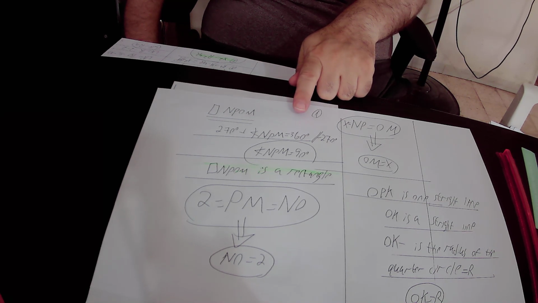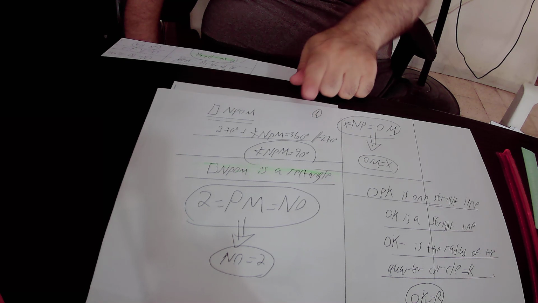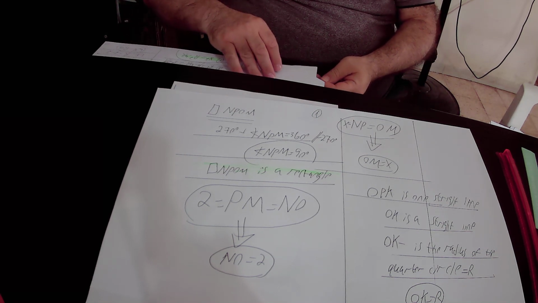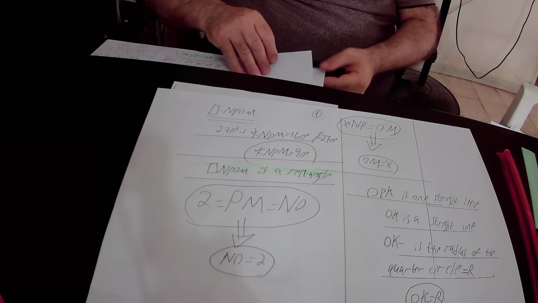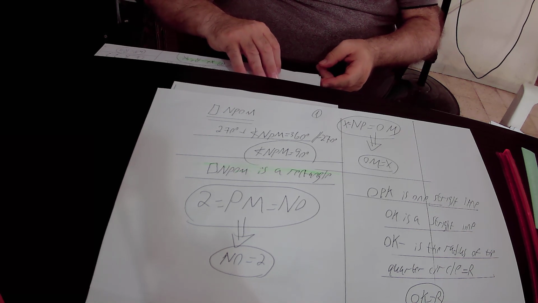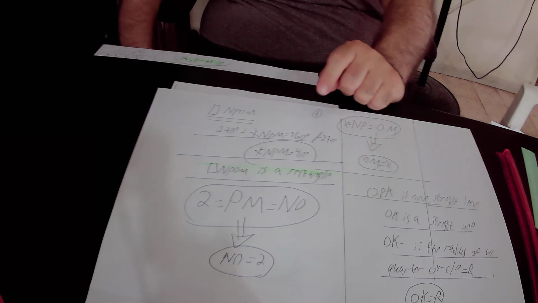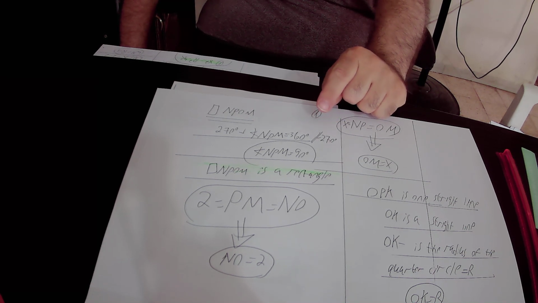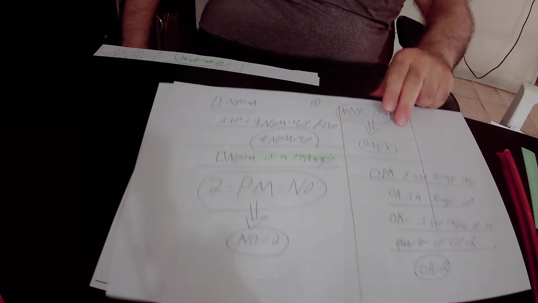In total, the sum of those 4 angles must be equal to 360 degrees, according to the rule that the sum of the angles in any quadrilateral is equal to 360 degrees. Here, we subtracted 270 degrees from this equation, and found out that the missing angle NPM equals 360 degrees minus 270 degrees, which is equal to 90 degrees.